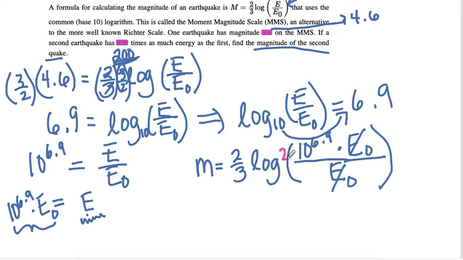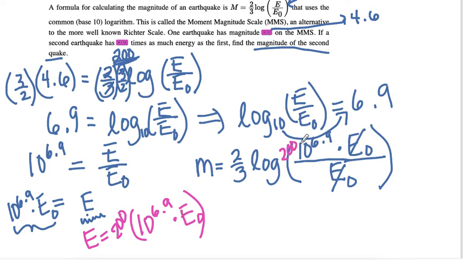It would be 200 times E, where E equals 10 to the power of 6.9 times E naught, and our energy for the second quake is 200 times that. So I'm multiplying 200 times this whole expression in the numerator. Now I've canceled out E naught, which is totally legal.